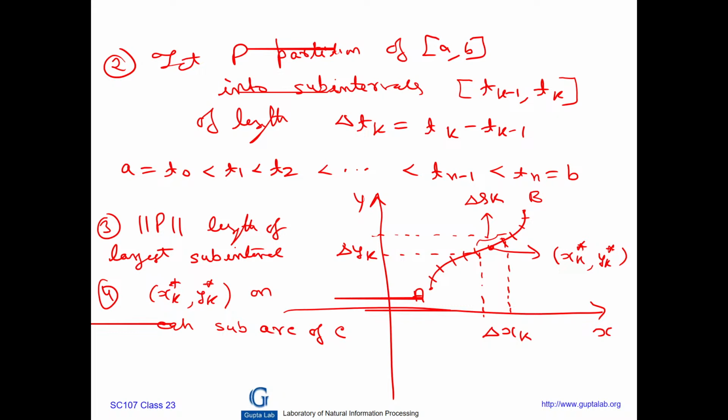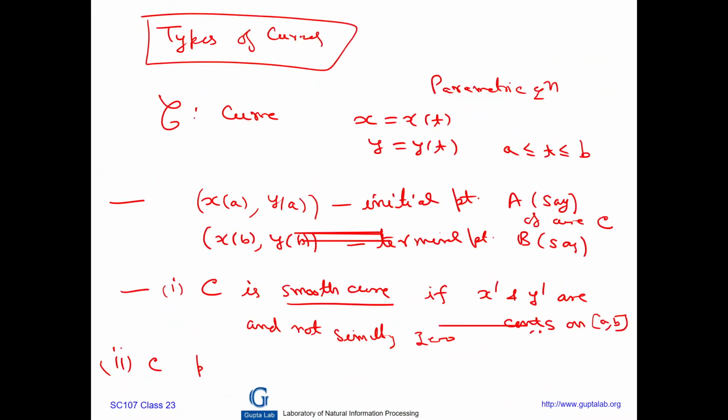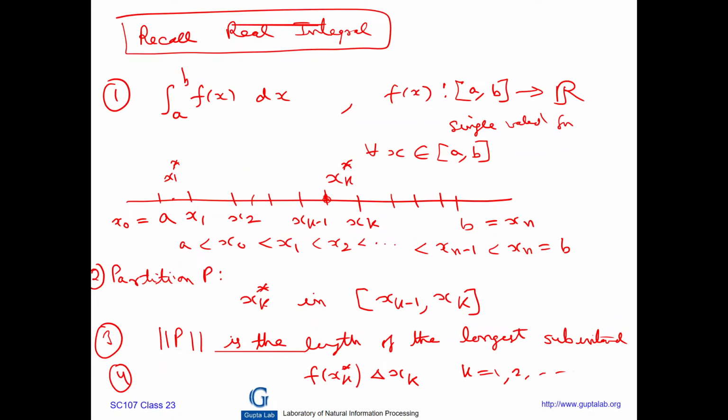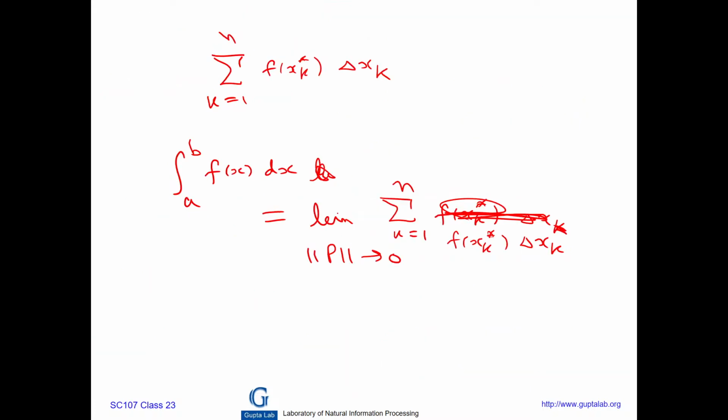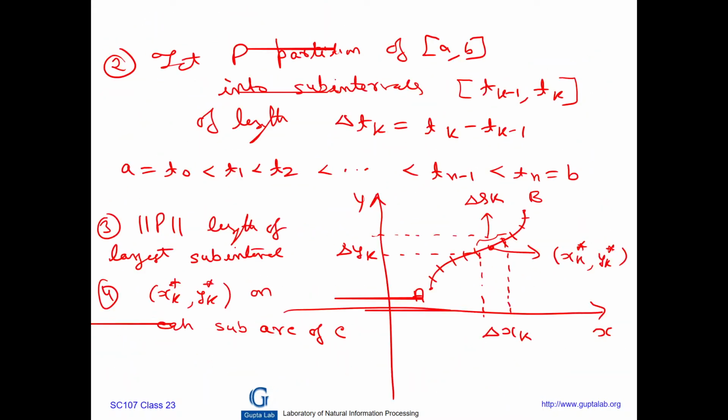three products we can form. So if you recall here, what were we able to do? We had partitioned only the x-axis, the closed interval AB, and then we formed this product, right? This was the height times this width, right? Now I am carrying the same idea there. Now I have partition P, it induces a partition on the curve and also on the x-axis and y-axis, right? So how many products can I form now? I can form the following products.